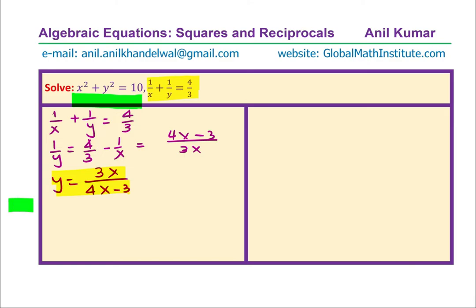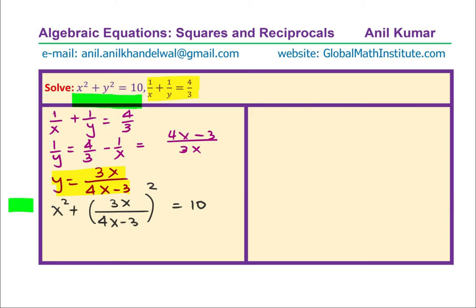So substituting, we get what? x squared plus y squared, I could write this as x squared plus 3x over 4x minus 3 whole square equals 10. You get the idea. Now we have an equation which only involves x, and therefore we can find all possible values of x. Perfect. So that becomes the strategy to solve this particular question.